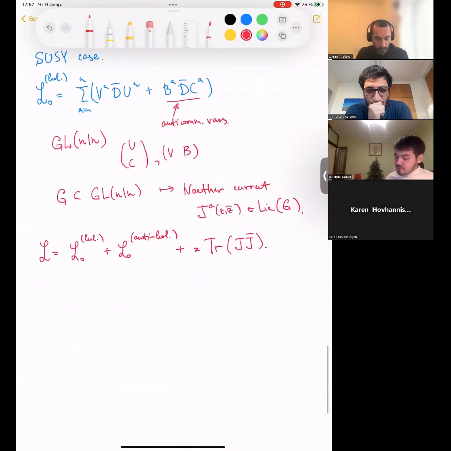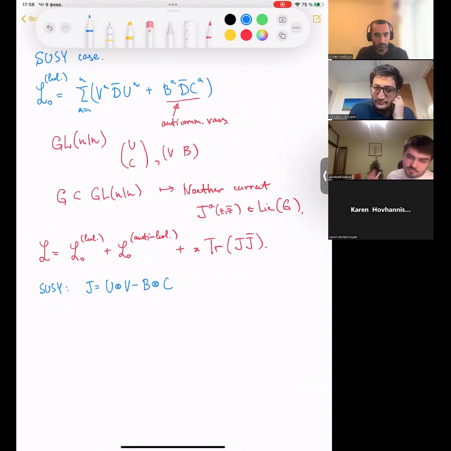If you want a supersymmetric thing, you say that J is U times V minus B times C. It's a statement that you have to prove that it's supersymmetric. So you plug this in here, and you can kill the gauge fields again.